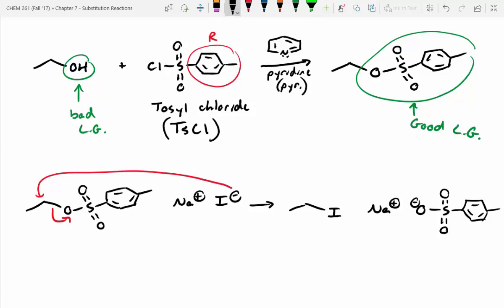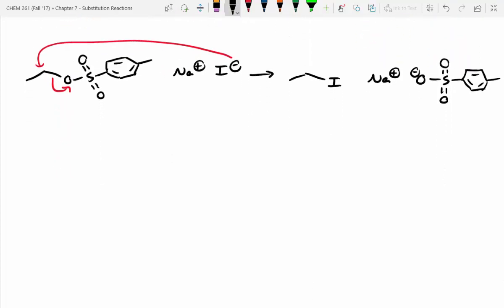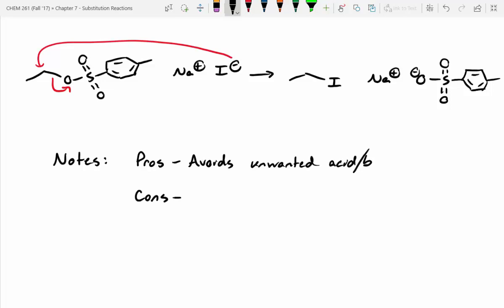So again, let's make some notes. And again, I'll do a pros and cons list. The pros is it avoids unwanted acid-base chemistry. The cons is the atom economy is super duper crummy, right?